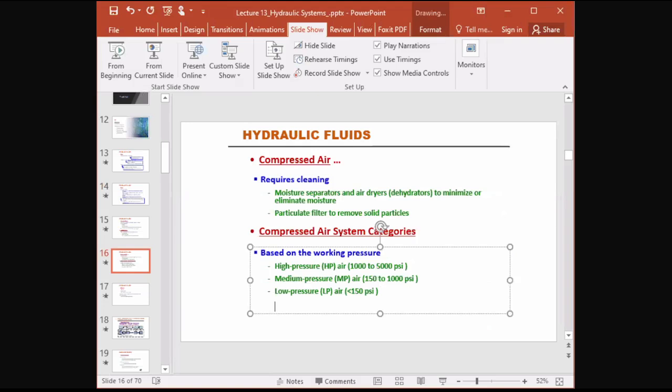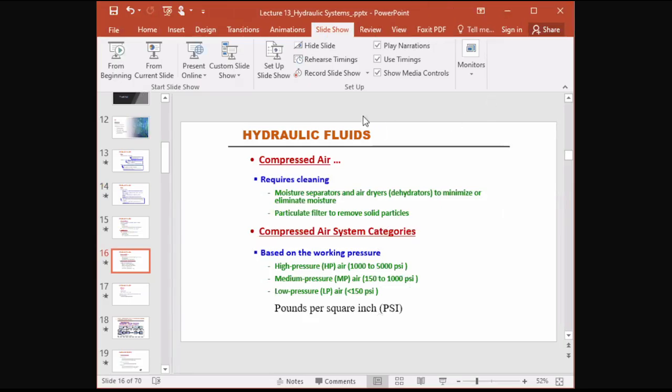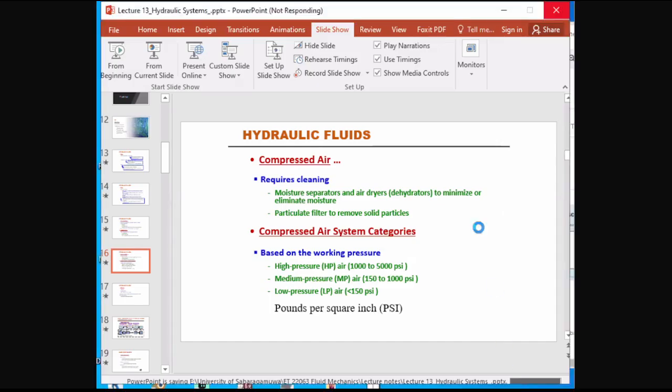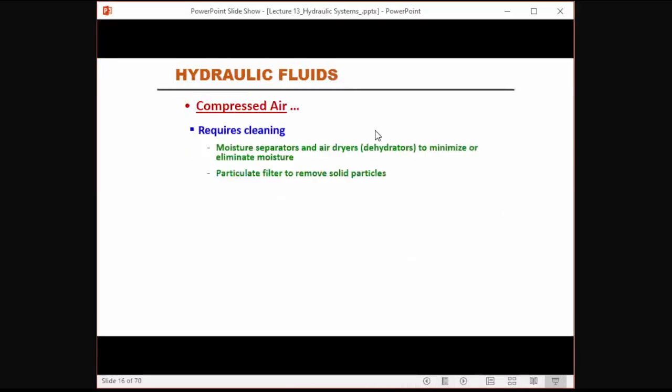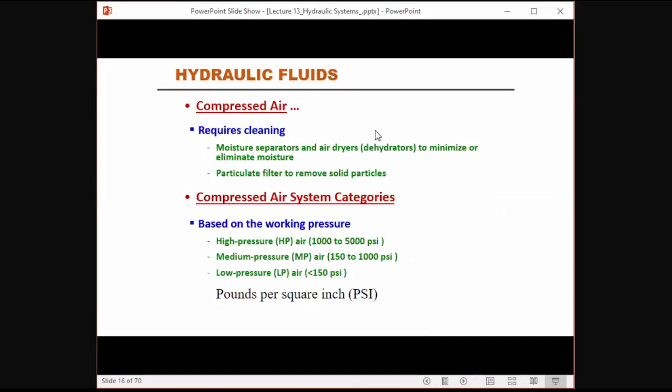According to your knowledge, what are the pressure measuring units?